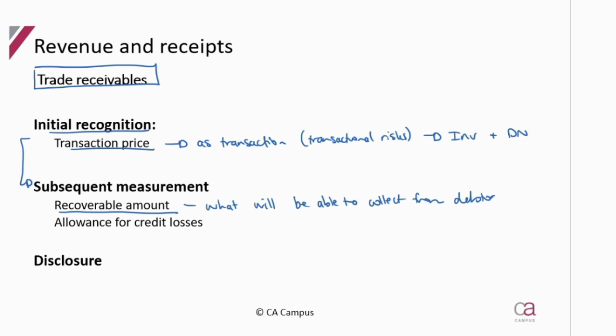And as a result, IFRS says you now have to calculate an allowance for credit losses. And this is now that adjustment to bring it to the recoverable amount. This adjustment is an estimate. We know that there's risks with estimates.